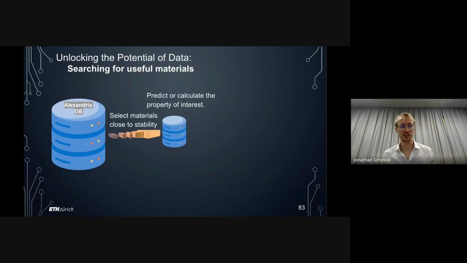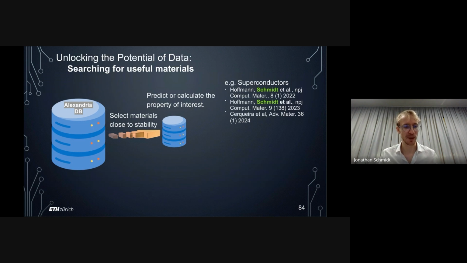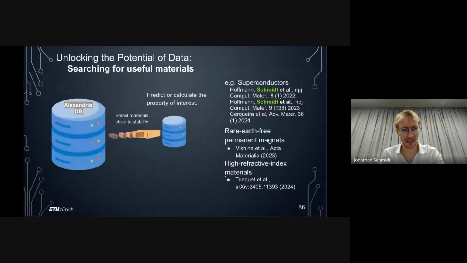On the one side, of course, we have materials science, so we can select our materials close to stability. We can predict or calculate some property of interest, and then discuss with our experimental colleagues about synthesizing them. For example, we have done some studies for superconductors, doing some machine learning predictions and then electron-phonon coupling calculations, and for perovskites and anti-perovskites. We'll skip this.